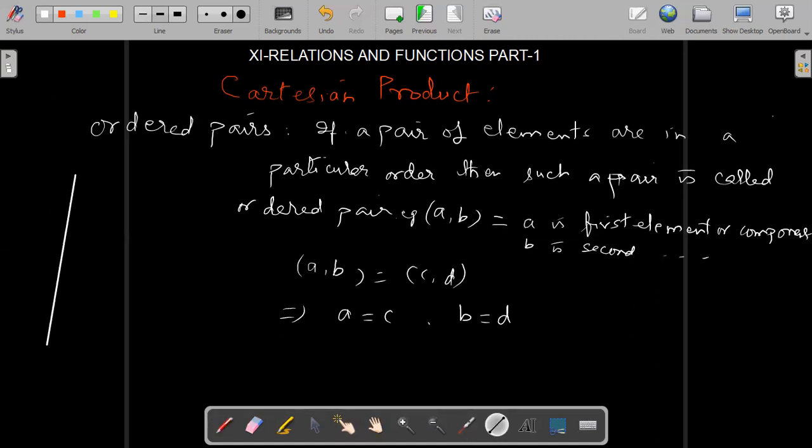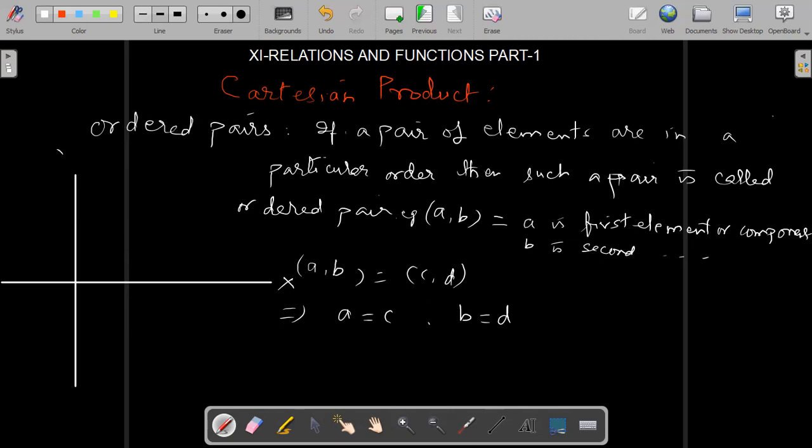Already we know the Cartesian coordinate system, we did it in class 10th also. This is the x-axis and this is the y-axis. Suppose this is 1, 2, 3, and here 1, 2, 3. So how will you represent this point A?